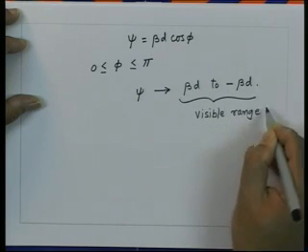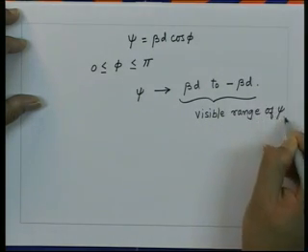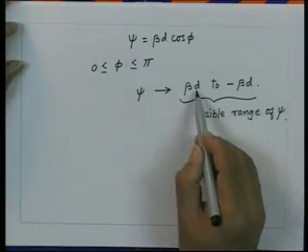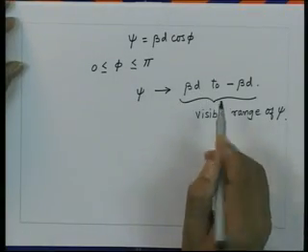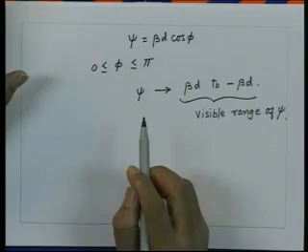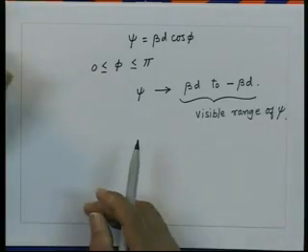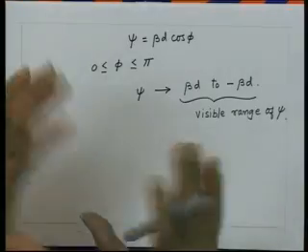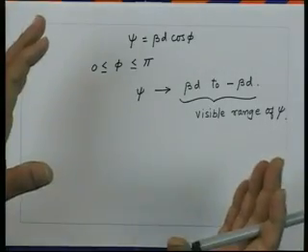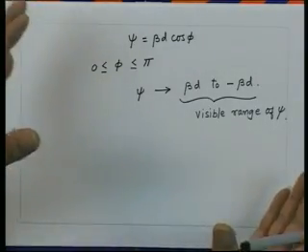Now, depending upon the value of d, we may have a coverage of angle psi which might go from plus pi to minus pi, or it may go over only a portion of the total angle from minus pi to plus pi.